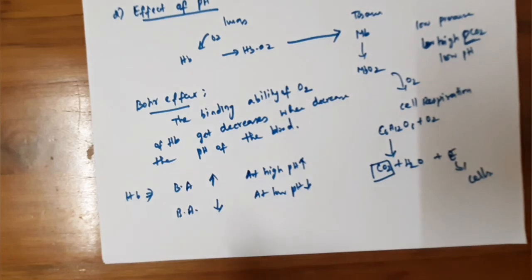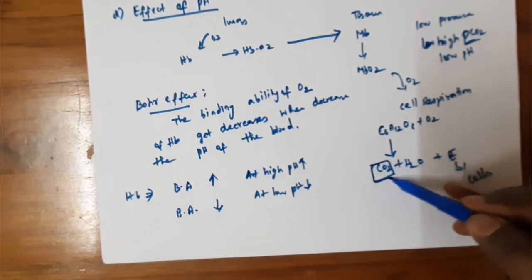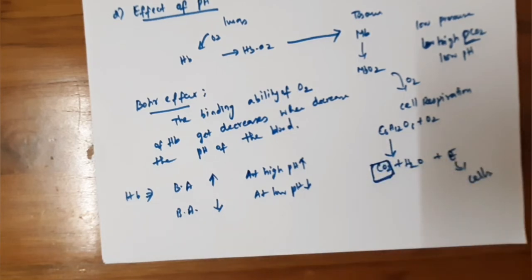Hemoglobin in the lungs experiences a high pH, so it immediately binds dioxygen, whereas when it reaches the muscle tissue, it experiences low pH. Suddenly the binding ability decreases because of the formation of carbon dioxide in the muscle. So this is called the Bohr effect.